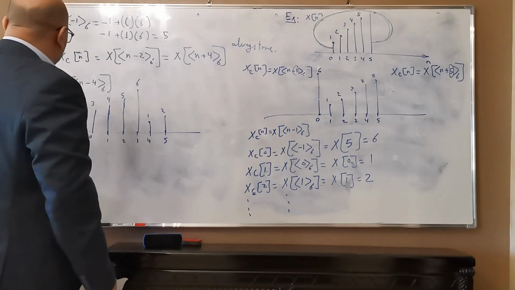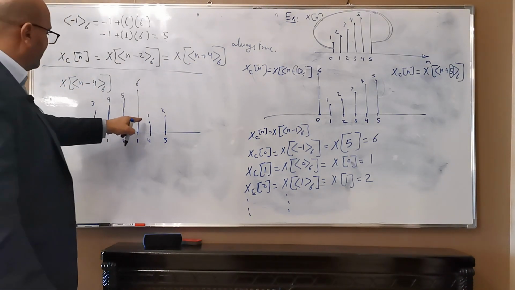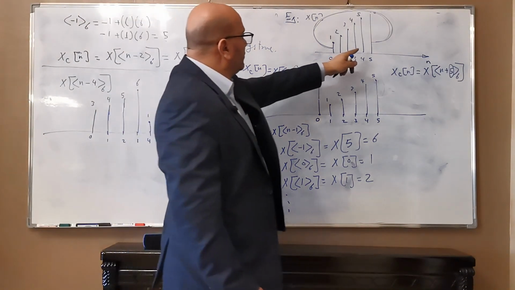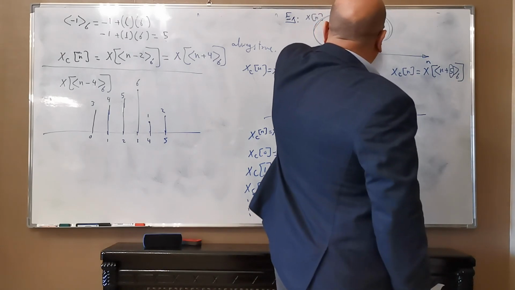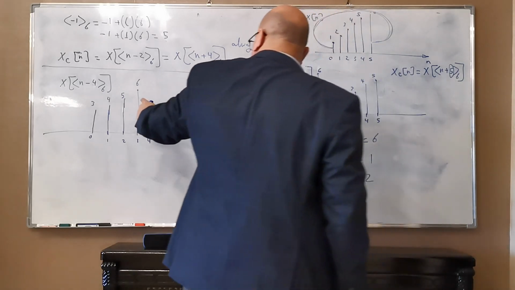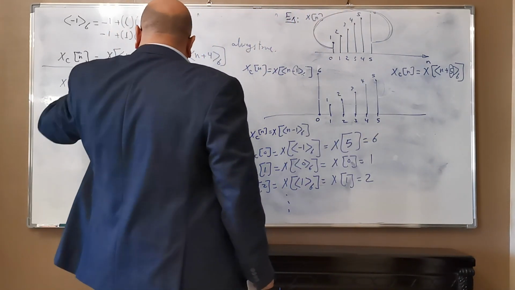So this here is x of n minus 4. You have 4 samples moved from 1, 2, 3, and 4. They are all moved and entered. The first one enters is 6. So here 6, 5, 4, and 3.